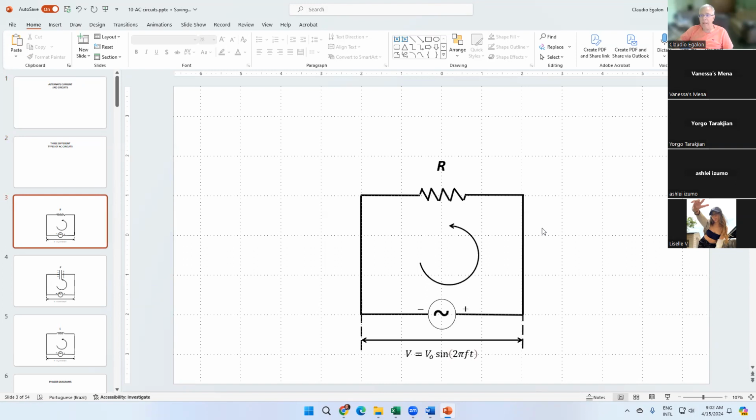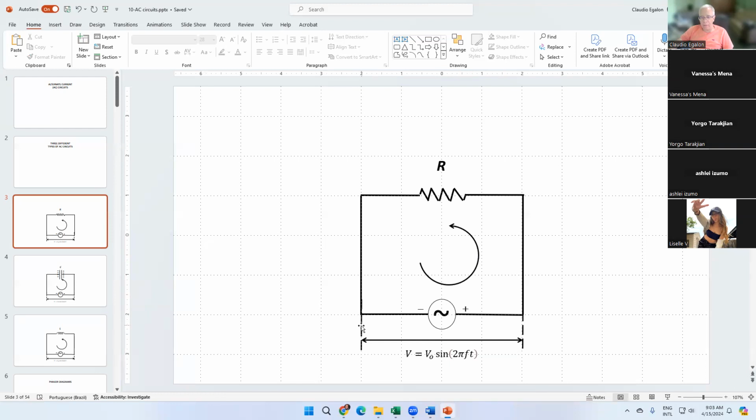So the first one is the alternate circuit with a single resistor. So the resistor is connected to a generator, a power supply that changes voltage sinusoidally in time. Okay, and how do we solve this type of circuit? We solve this type of circuit using the Kirchhoff loop law.